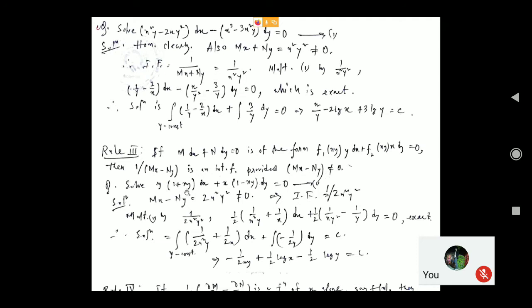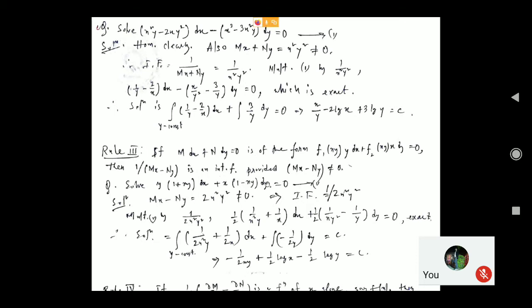So here is this example. The given equation is y into (1 plus xy) dx plus x into (1 minus xy) dy equal to 0. Here again, first we will check for the easiest thing, which we discussed initially: whether it is exact or not.